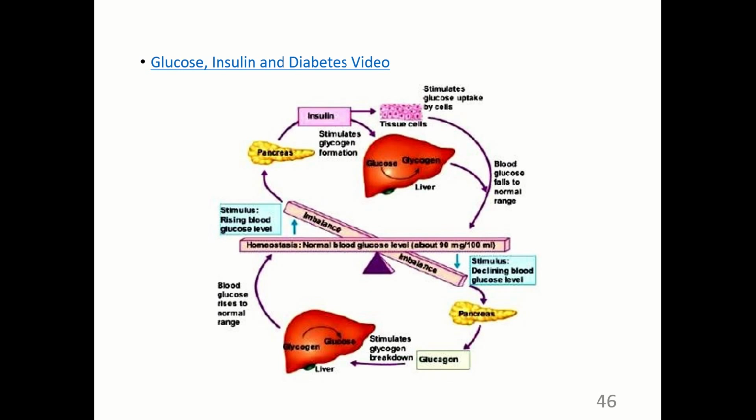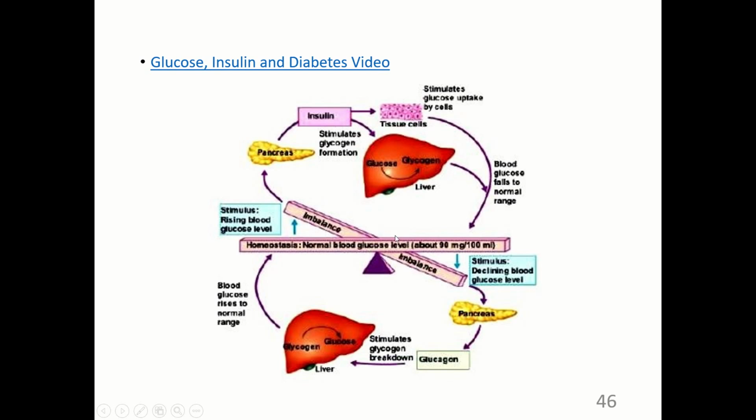Glucose needs to go into the cells because that's where it can be used to make energy. Leftover glucose will then be converted to glycogen in the liver and stored for later use. As a result, blood glucose will fall back to normal range.